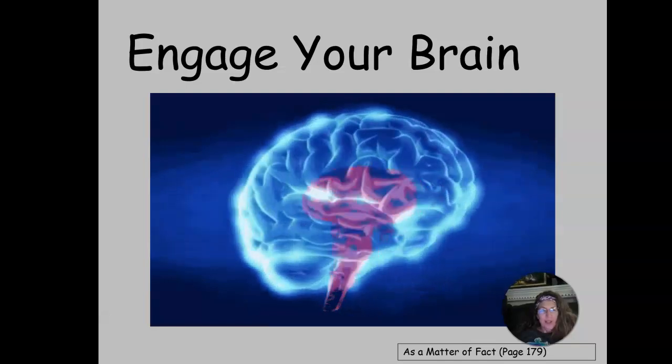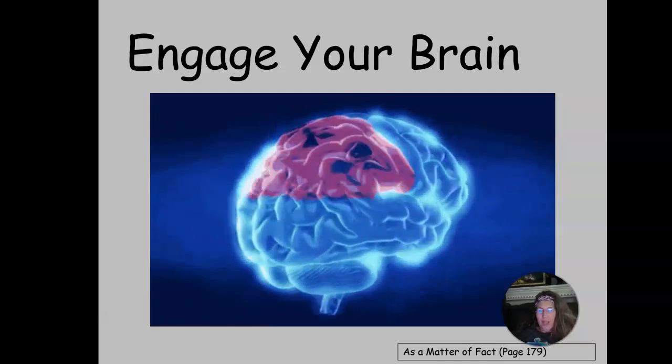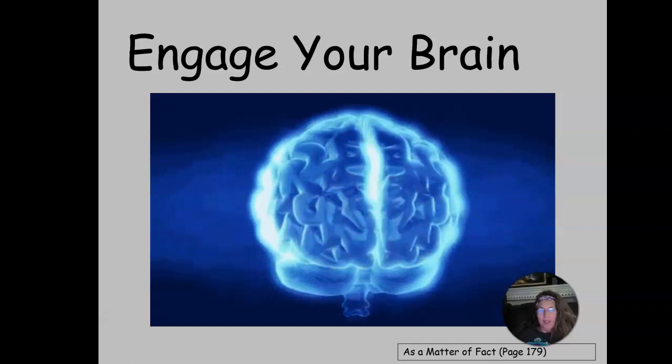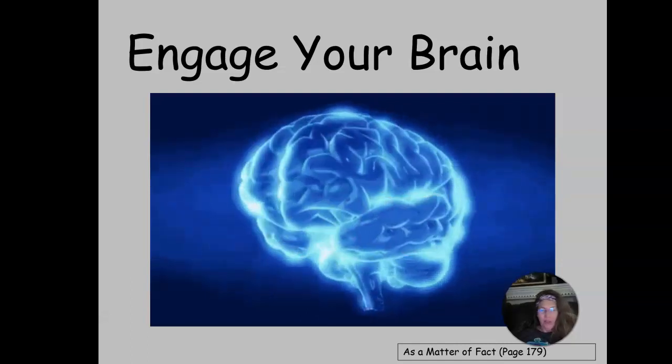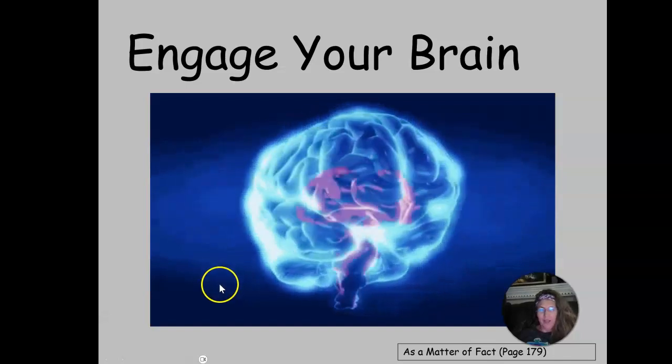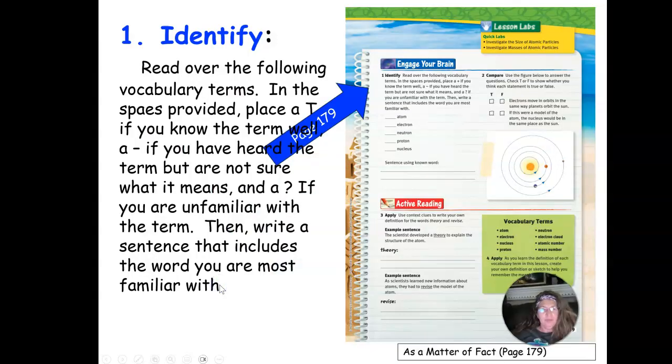Like every lesson, we start out with an engage your brain, and it's going to be on page 179. So pause the video and then come back when you've got the introductory activity finished. The first question wants you to look at the list of words, and they want you to put a plus sign next to the ones that you are familiar with.